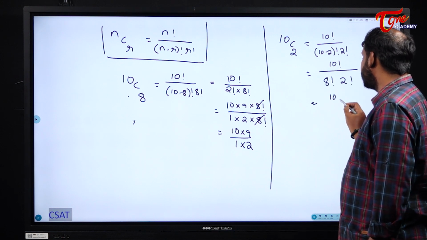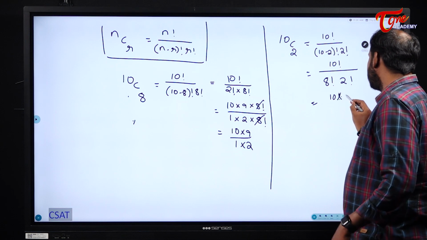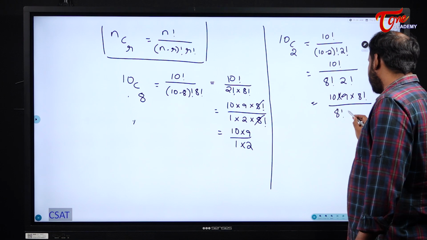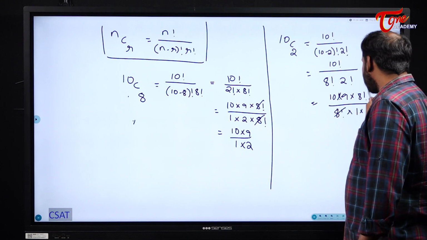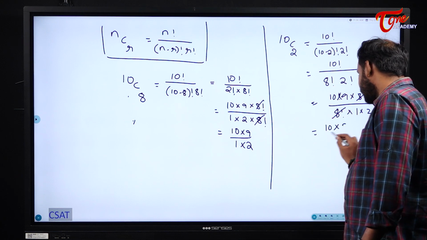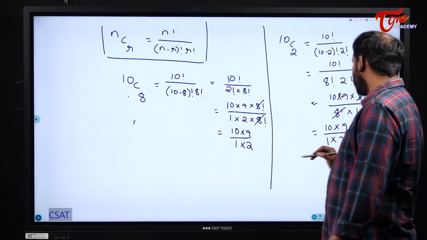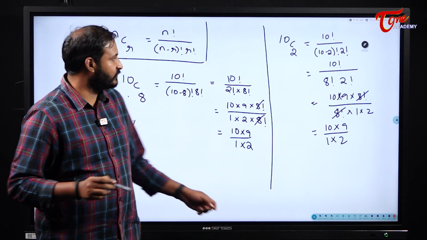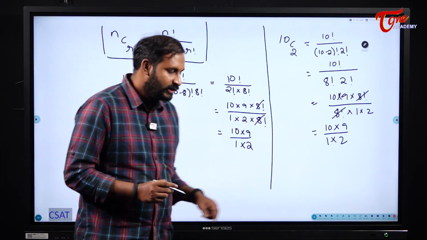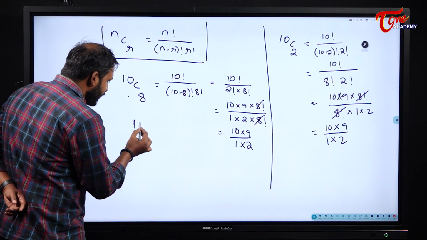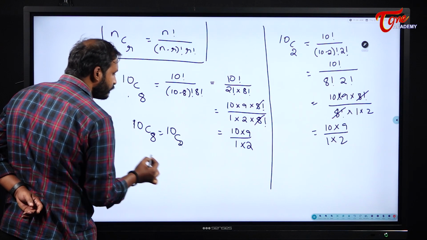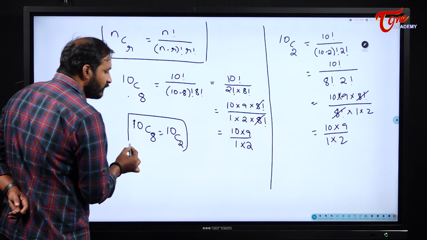Writing 10 factorial as 10 into 9 into 8 factorial, the 8 factorial gets cancelled, and we are left with 10 into 9 by 1 into 2. Please observe here, students: 10C8 and 10C2 are both equal. So if I want to find 10C8, I will simply find 10C2.